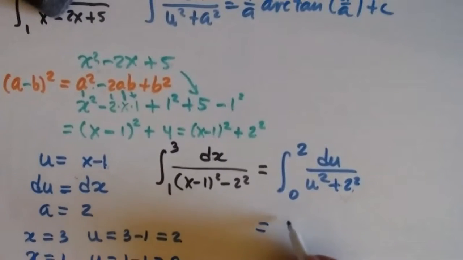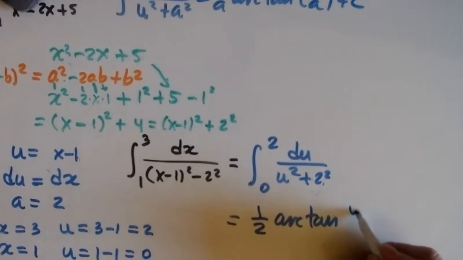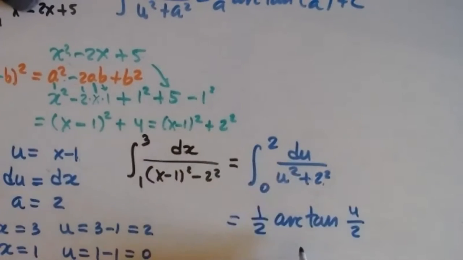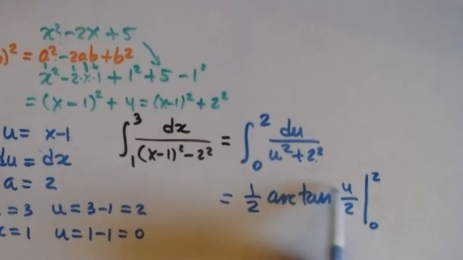This is going to be 1/2 the arctangent of u over 2. But what is the difference? Now you have to evaluate this function from 0 to 2. You don't have to add a constant. Because this is a definite integral, remember the fundamental theorem. You have to evaluate the antiderivative in the limits of integration.